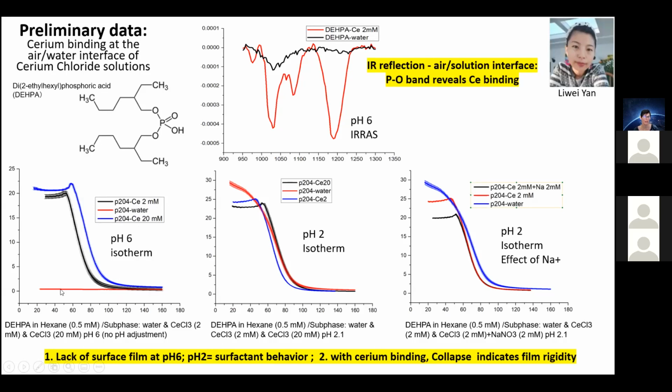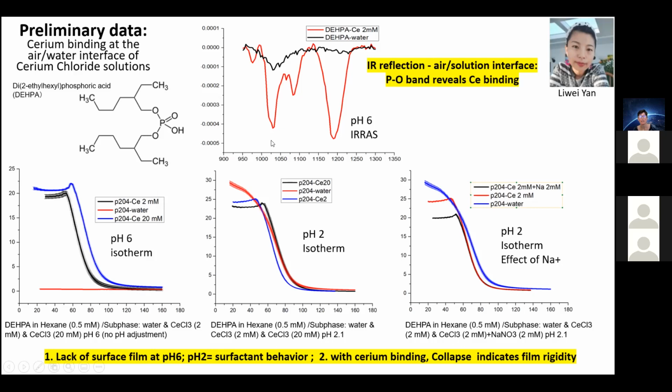The red line is essentially saying that when we do an isotherm, there's nothing there; it just goes into solution. We're doing it a little bit differently than you were, of course, Mark. We're doing it like an isotherm: we're saying, let's just pretend it's surface active, spread it like a surface active molecule, and see what happens. And it does act like a surfactant, not soluble even at pH 6, when you add the 20 and the 2 millimolar cerium, and you get a really nice phase change.